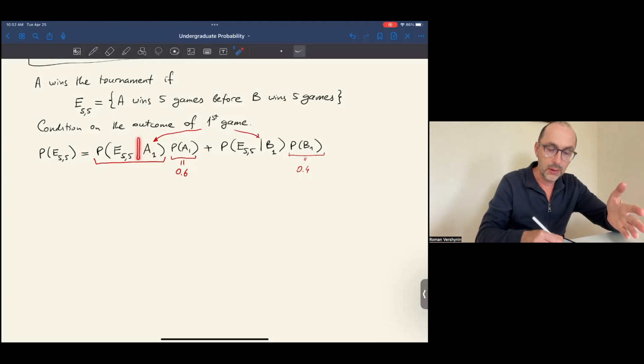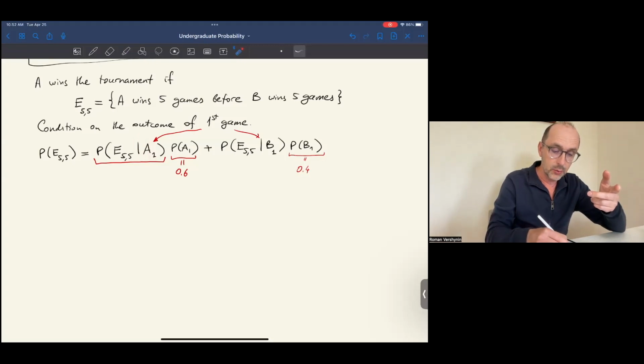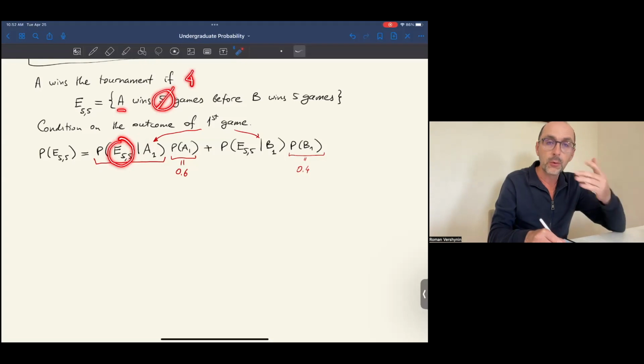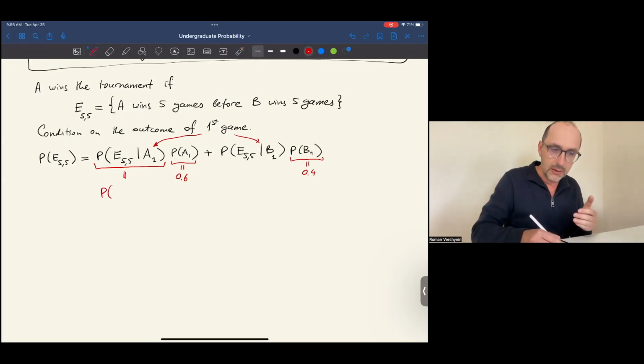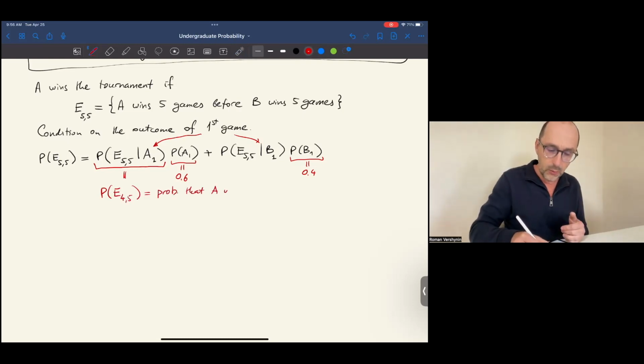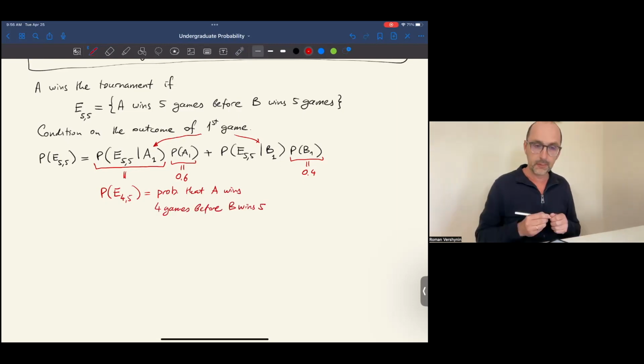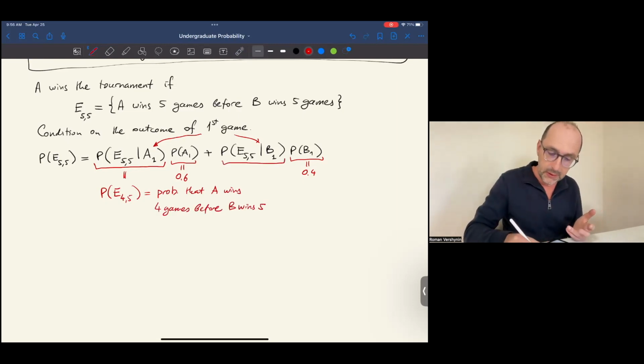If we assume that Team A has won the first game, then in order to win the tournament, it needs to win just 4 more games before B wins 5. So that probability is the same as P of E45, the probability that A wins 4 games before B wins 5.